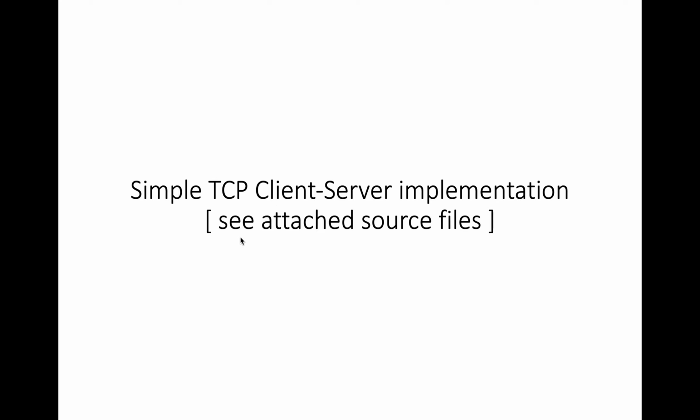I will be attaching the source code of the simple TCP client server code that we will be writing right now. So you don't have to write it yourself, but unfortunately I could not find an existing source code for this course that I've previously written, so I will be writing it right now with you guys.